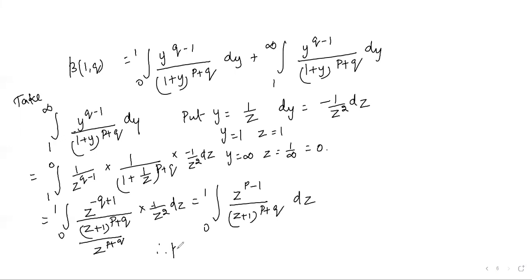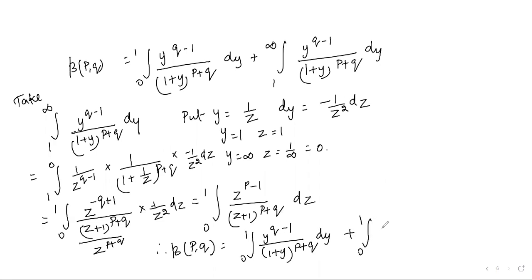So therefore, beta of p comma q is equal to integral 0 to 1 y power q minus 1 divided by 1 plus y power p plus q dy, then plus instead of the second integral, I can write this as integral 0 to 1 z power p minus 1 divided by z plus 1 power p plus q into dz.